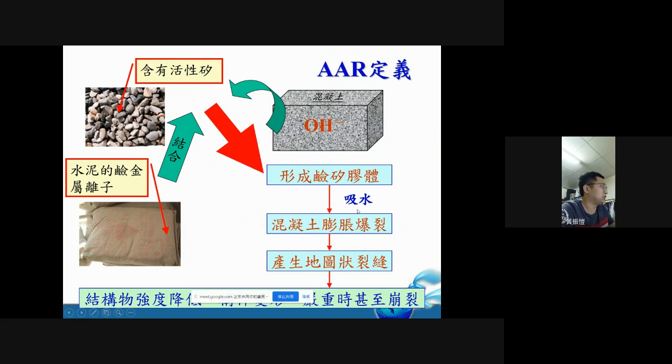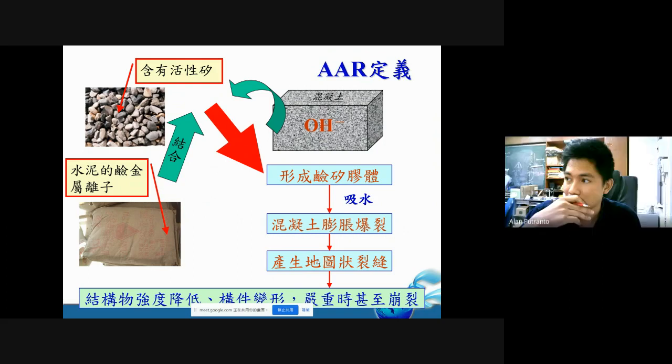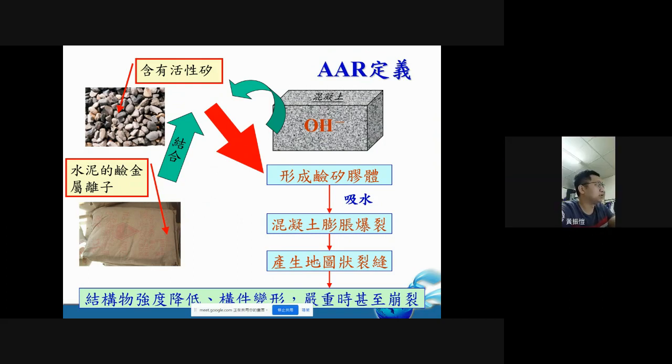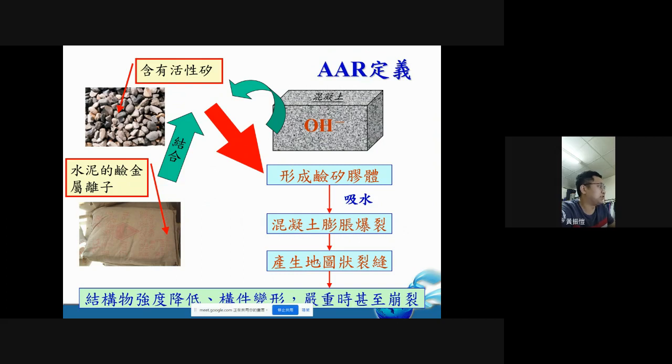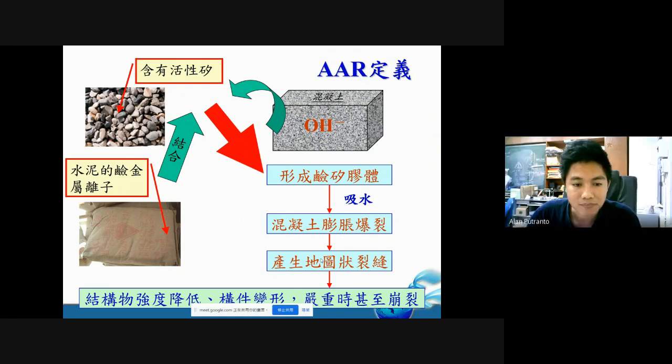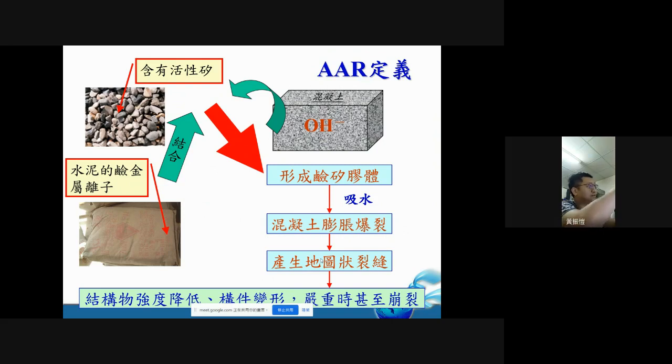The third is that water should come in. The reaction happens on the aggregate, so the expansion happens on the surface of the aggregate, as an expansion from the interior of the concrete. So this kind of crack looks like a map, with many curves on the surface, because the expansion comes from inside the aggregate.